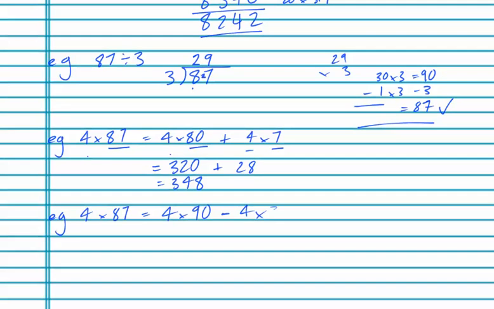So I want 87 lots of 4, 90 lots, take away 3 lots is 87 lots. 4 times 90 was tricky, but 4 times 9 is 36. So 4 times 90 is 360. Take away 12. And same answer, of course, because we're doing the same sum, 348. So we've got mental strategies to help ourselves out.